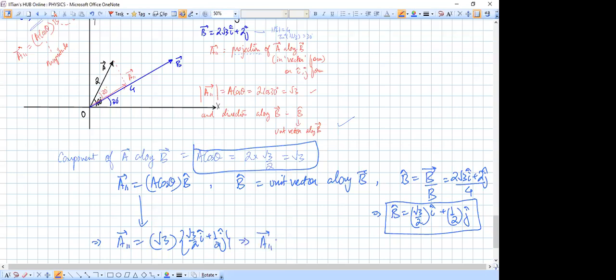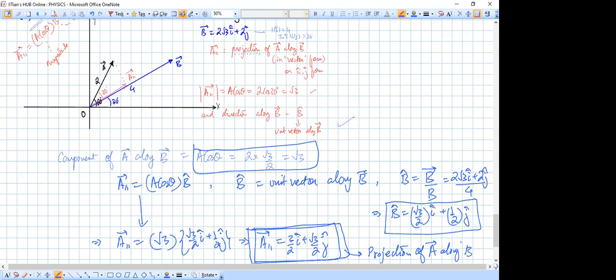So this becomes my final answer. This is the projection of vector A along vector B.